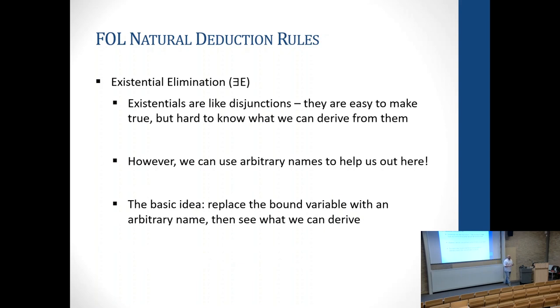So here's the idea. This is what we're going to encode into our rule. If you have an existential, we will replace the related variables with an arbitrary name. We'll then do some reasoning about the sentence featuring that arbitrary name. And finally, in the end, we'll get rid of the arbitrary name to get some result that will hold no matter what name we used.